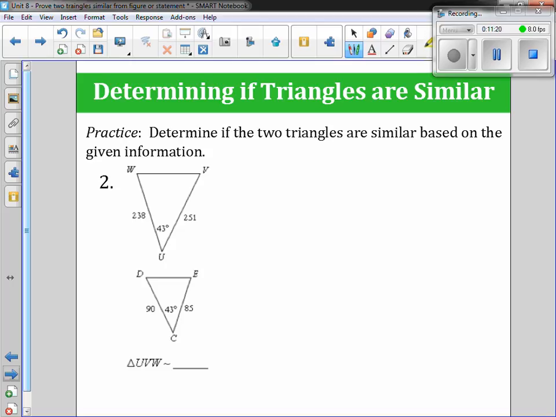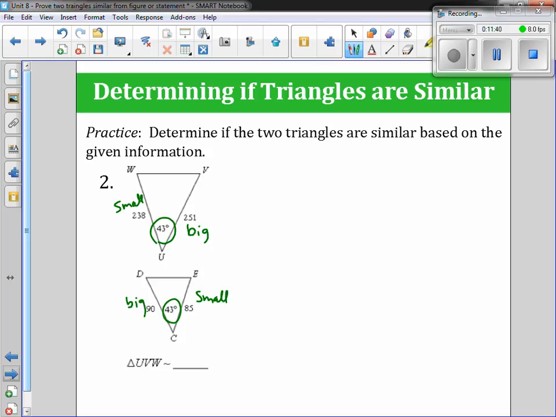Now that you have tried this, let's take a look. We have angle 43 and angle 43, so we're going to try side, angle, side. We're hoping that our small side is proportional with our small side, and our big is proportional with our big.